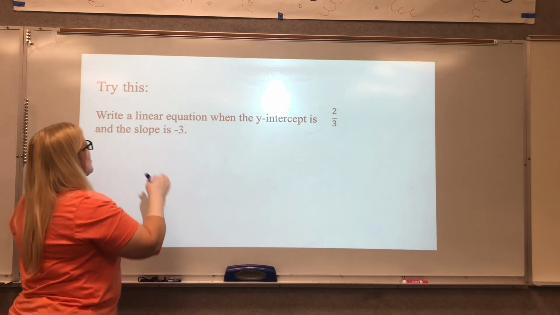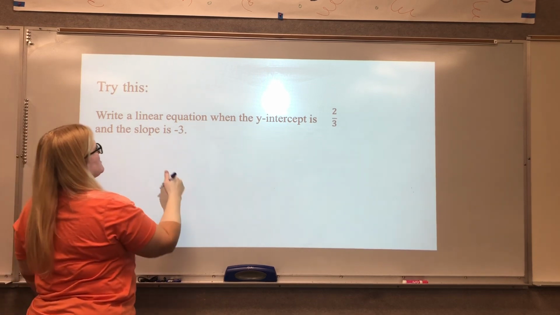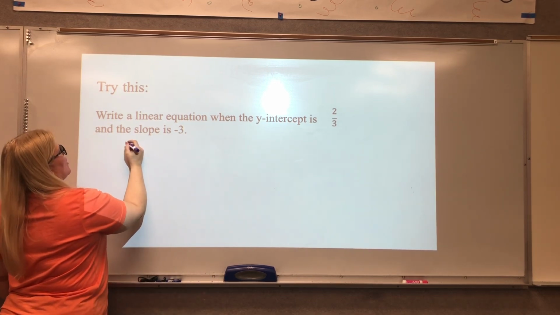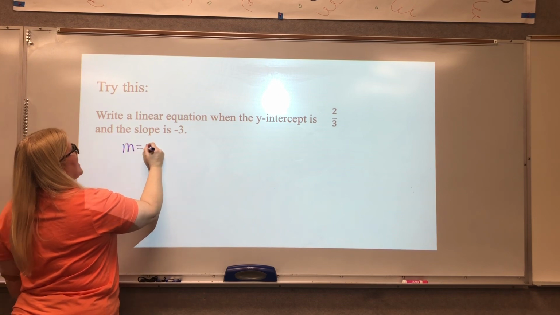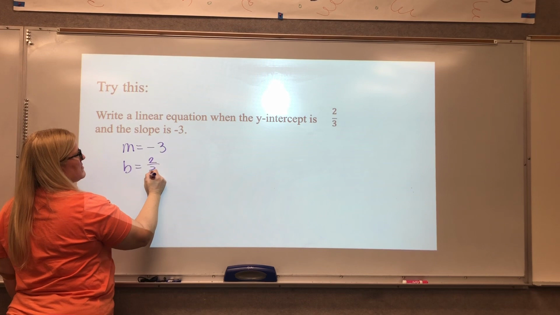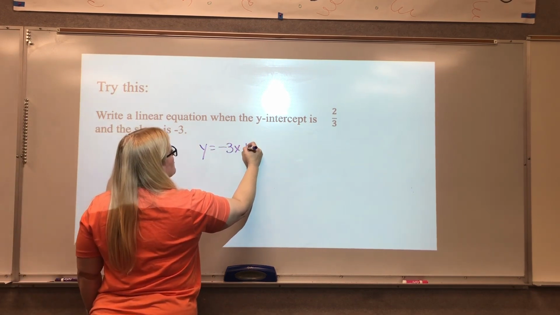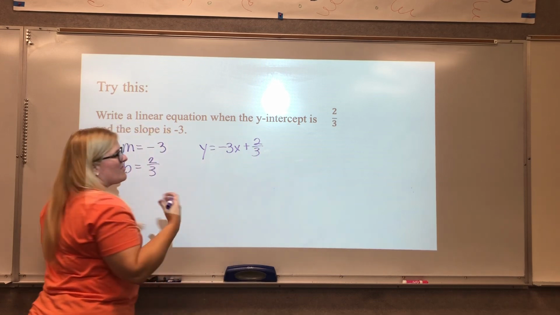Okay, so write a linear equation with the y-intercept 2/3 and the slope is -3. So slope -3, y-intercept 2/3. So we have y equals -3x plus 2/3. And I made that kind of tricky.